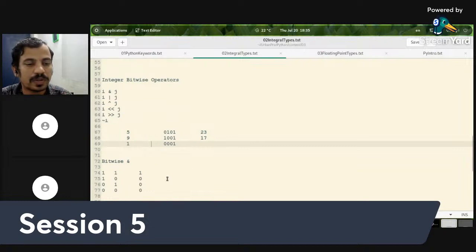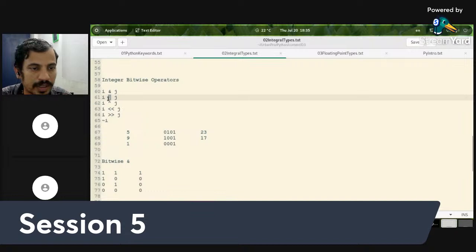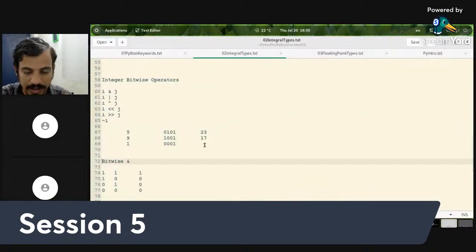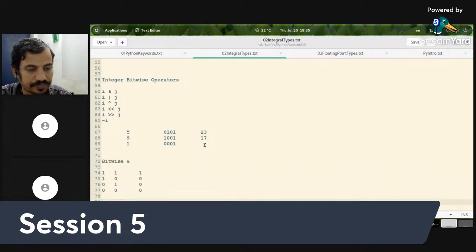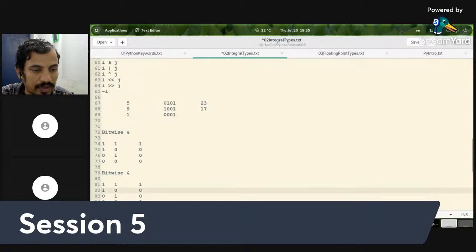In case of bitwise, the next operator is the single pipe symbol. To type it, you have to use shift and press the key above enter, the backslash. If you press it with shift, you will get that pipe operator. So let's see how bitwise OR works.